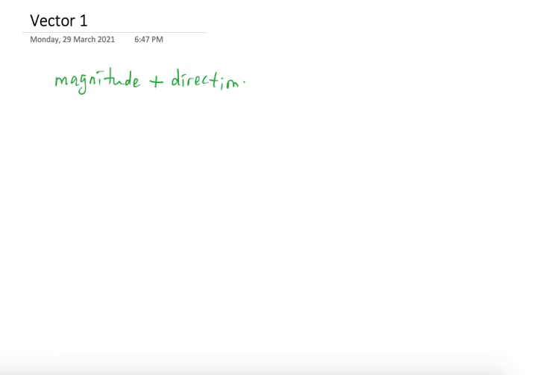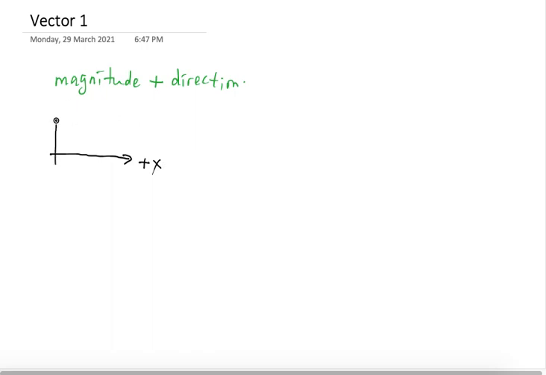So usually our reference axis is, we have x in this way. If you have something in this direction, it is the positive x-axis.